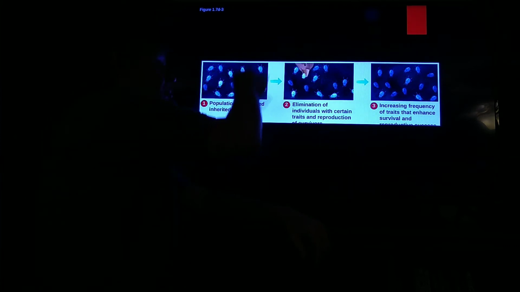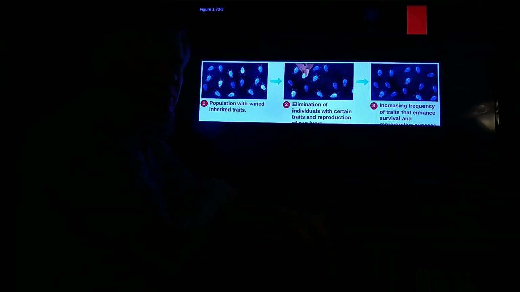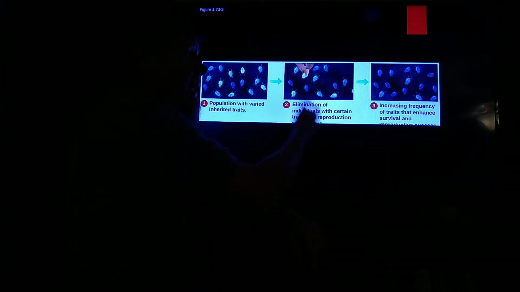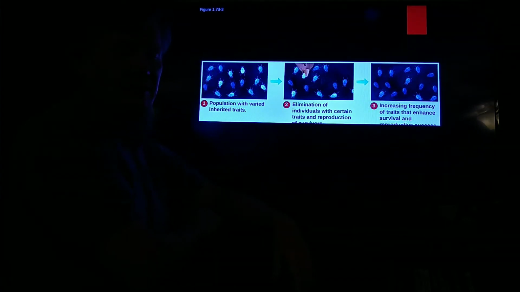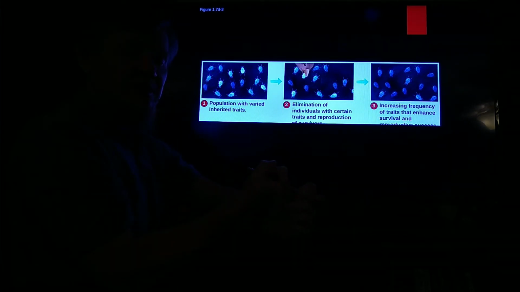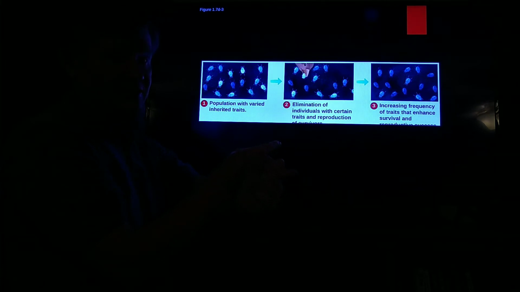The bugs that were pale had an unequal reproductive success. They weren't allowed to reproduce because they got eaten, because they had traits that were not beneficial to the present environment. So if we allow that to continue over several generations, then what we get is darker bugs. Bugs that better favor this environment. Unequal reproductive success leads to natural selection.